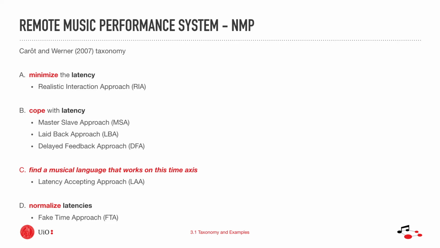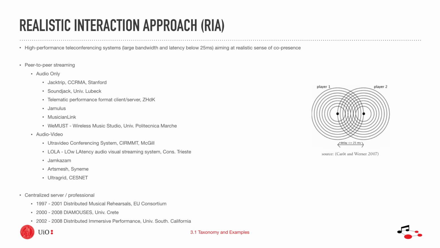The realistic interaction approach aims at keeping the distance between players below the ensemble performance threshold, so below 25 milliseconds. In the illustration on the right, the 2 points represent the players, and the concentric circles represent the acoustic wave traveling between each other. It is important to understand this type of illustration because we will see it again later versus the other possible approaches.